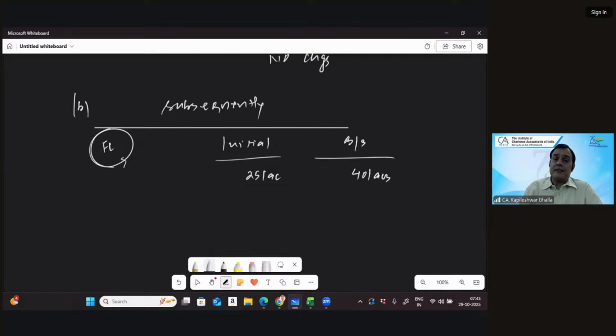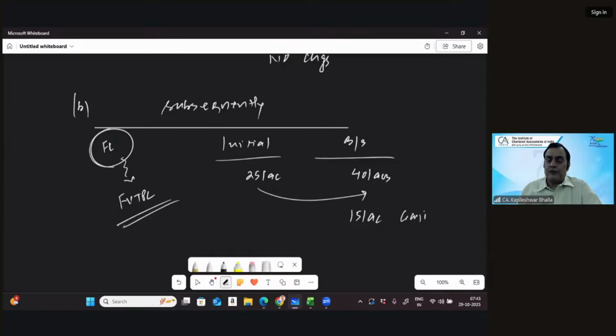Since it is a financial liability, you need to recognize it measured at FVTPL. Which means the fair value change of 15 lakhs is a loss, and it is going to be taken to the profit and loss account.